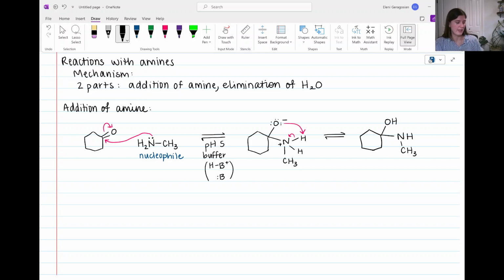So we have an alcohol, and now we have a secondary amine. And we'll call this our addition compound. So that's our first step, addition of amine. We've created that addition compound. And then the second part is elimination of water.